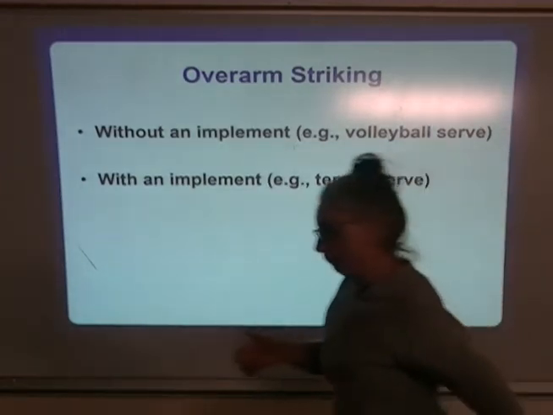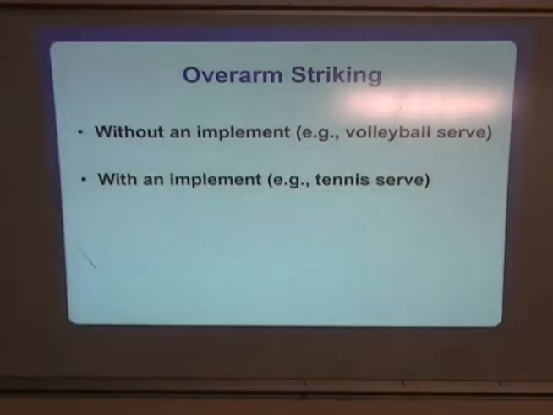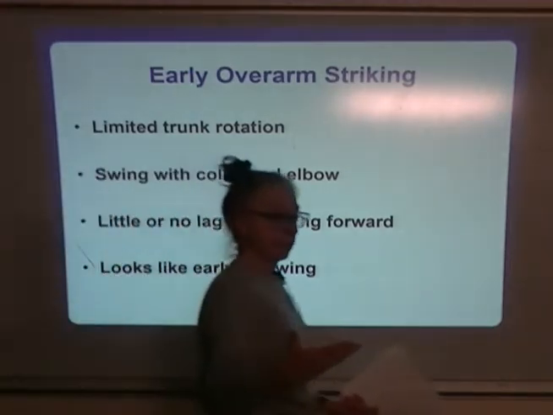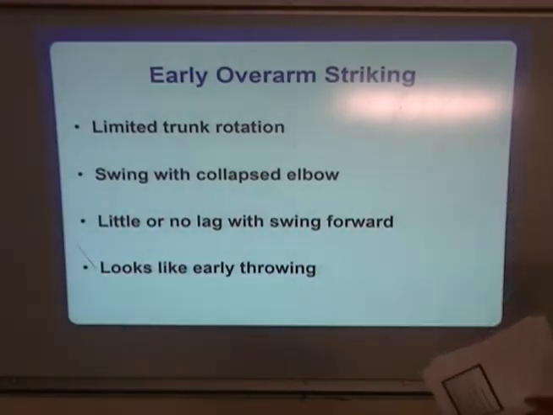Early overarm striking is not on either the MSU chart or on the TGMD, but we do have a little bit of information about how we expect the development of overarm striking to look.